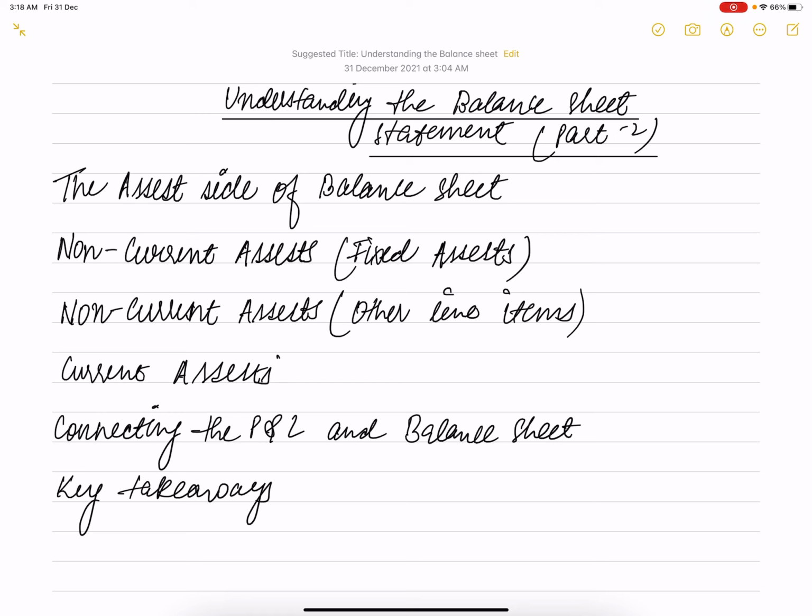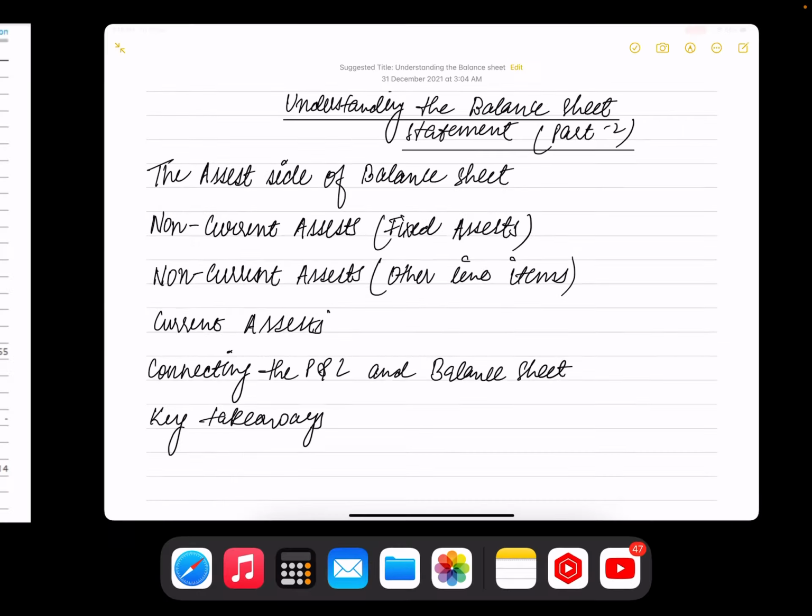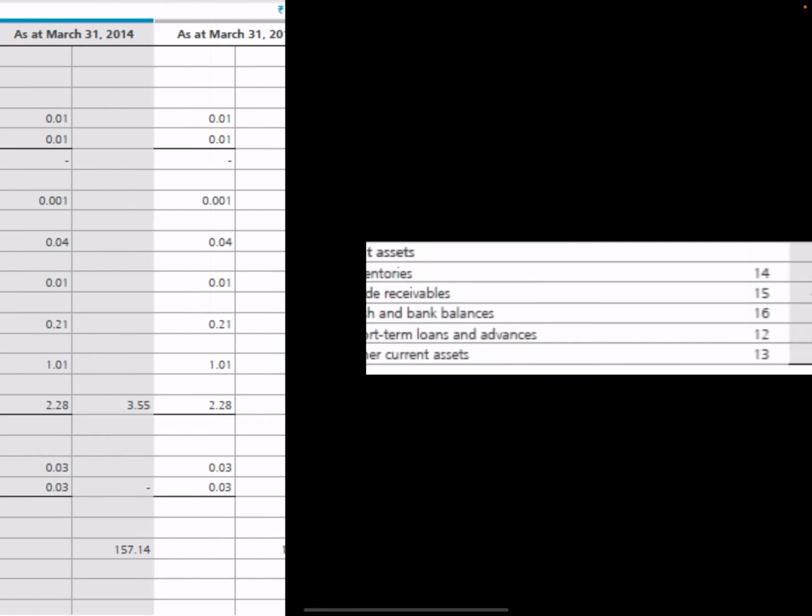The most common current assets are cash and cash equivalents, inventory, receivables, short-term loans, advances, and sundry debtors. So here's a snapshot of the current assets of ARBL.